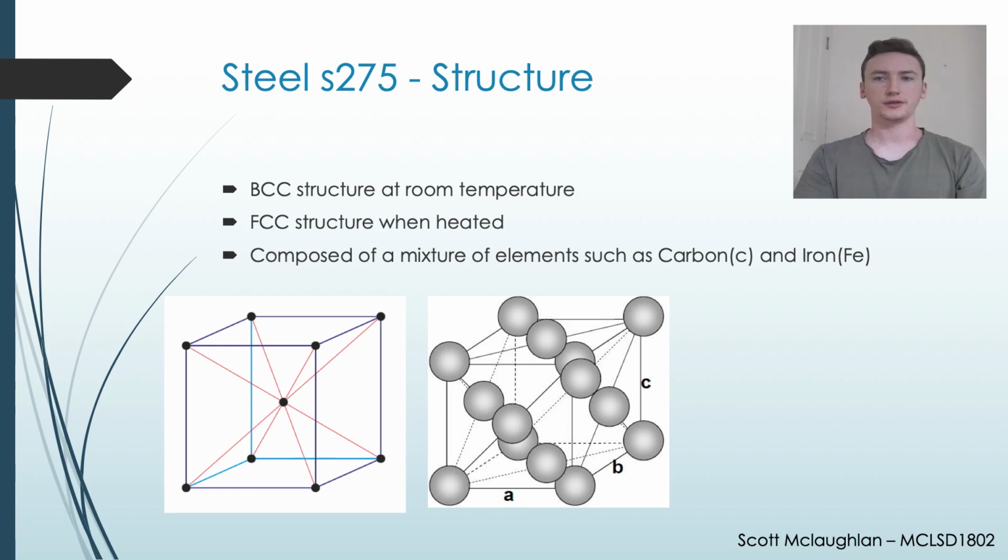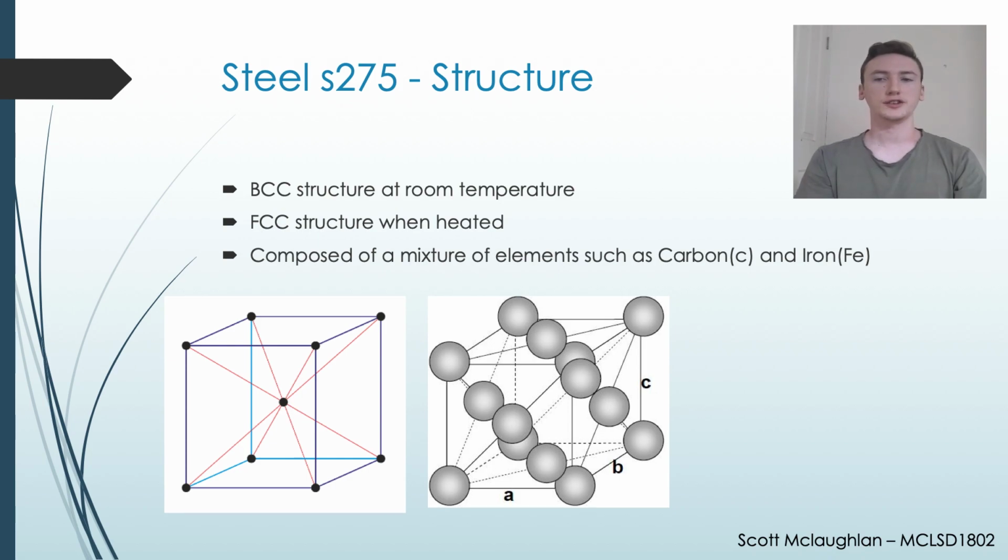Steel has 3 different crystal structures at different temperatures. The room temperature alpha form has a body-centered cubic structure, BCC. This structure has atoms at the edges and an atom in the center of every cube.